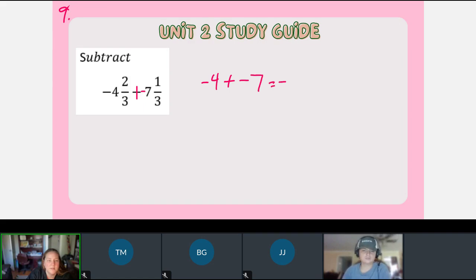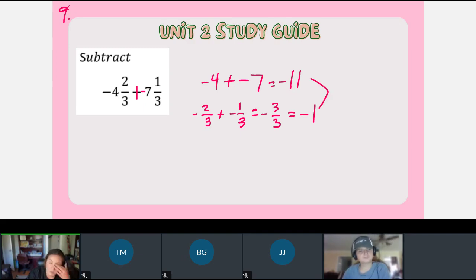That gives us negative 11. Add our fractions, negative 2/3 plus negative 1/3 gives us negative 3/3. And anytime a fraction is the same on the top and the bottom, that is equal to 1. So it's actually negative 1. Then when we add our two totals together, you would get negative 12.